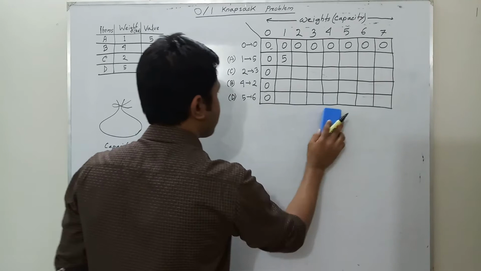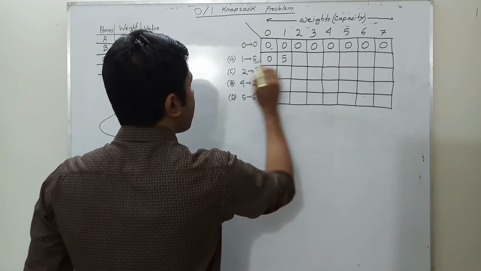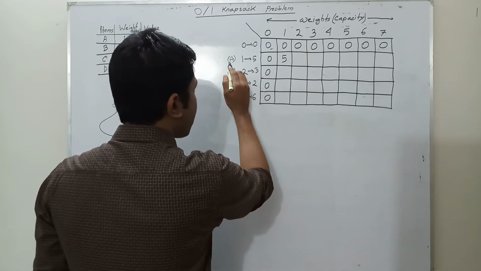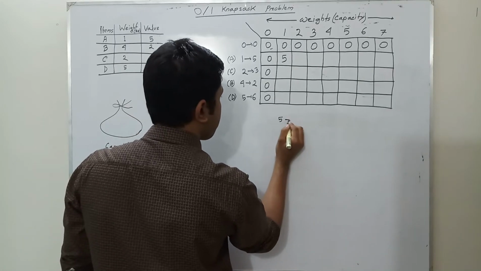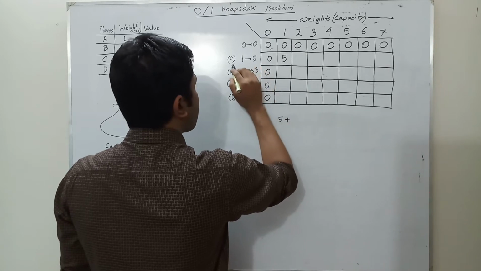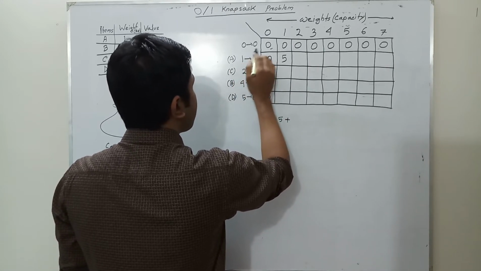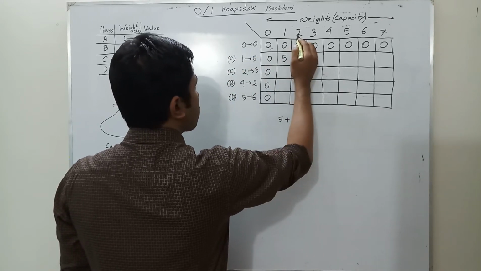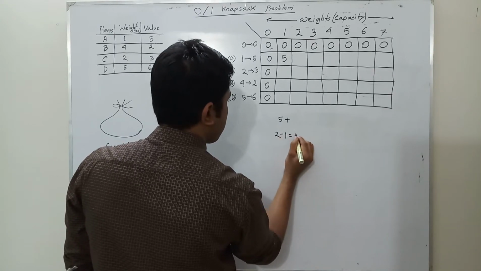Like for the next field, in this field I have only the item A and the capacity of my knapsack is 2. If I use the item for this field, the value will be 5 plus, as I have used the item A, my remaining items will be this column, and I have used one size, so my remaining size will be 2 minus 1 equals 1.